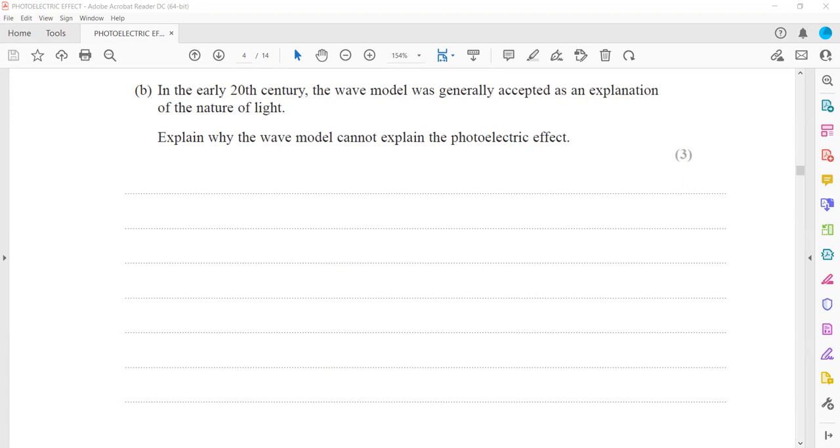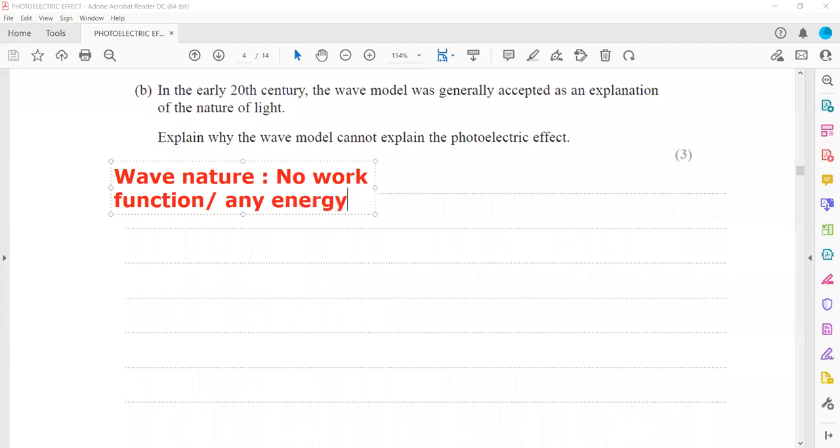Increasing the intensity of light will increase the number of electrons, but according to wave nature, increasing intensity would increase the kinetic energy, while practically the opposite happens. So according to wave nature, no work function should be there. Any energy can remove the electron.